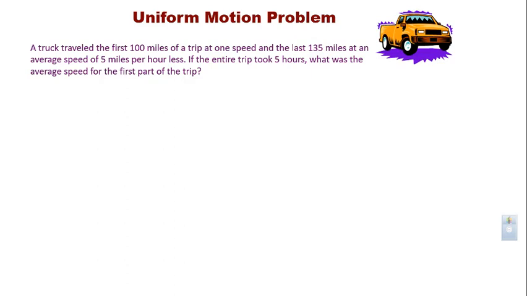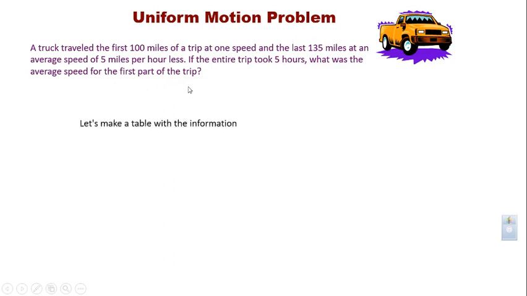So as usual, you read the problem through, and then you identify what they're asking for. In this case, the truck traveled the first 100 miles of a trip at one speed and the last 135 miles at an average speed that's 5 miles per hour less than the original speed. If the entire trip took 5 hours, what was the average speed for the first part of the trip?